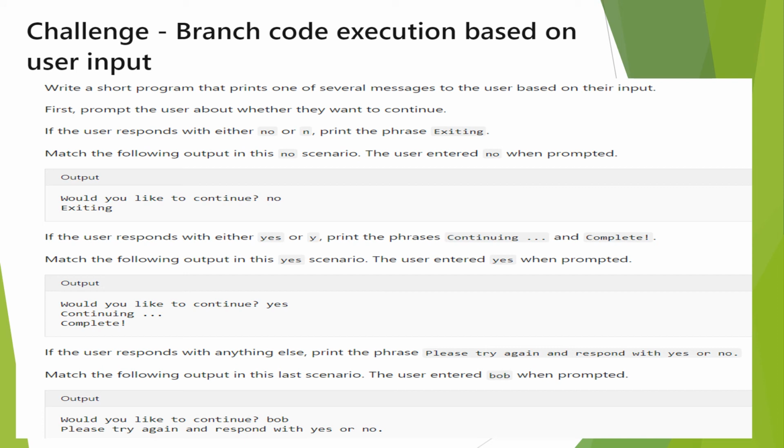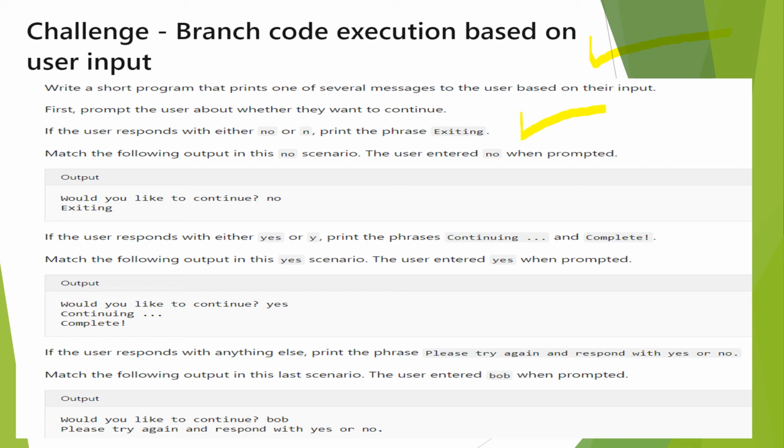And now, here is the challenge for this video lecture. The challenge is branch code execution based on user input. You are tasked to write a short program that prints one of several messages to the user based on their input.